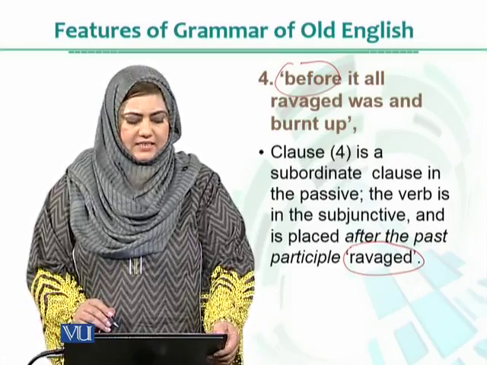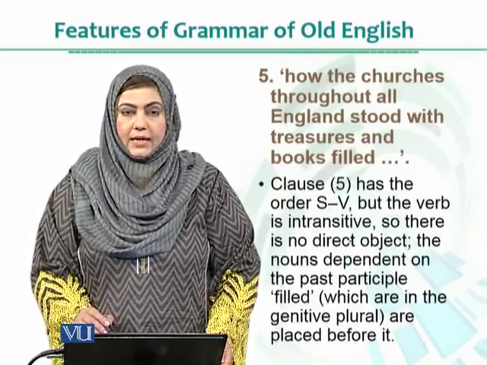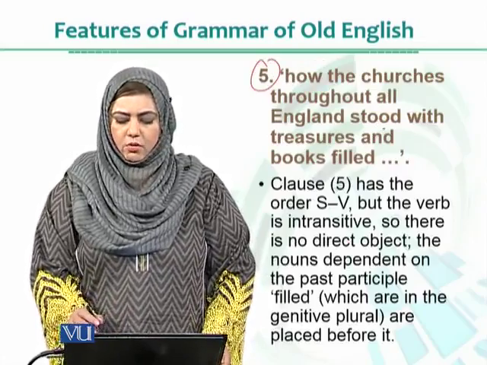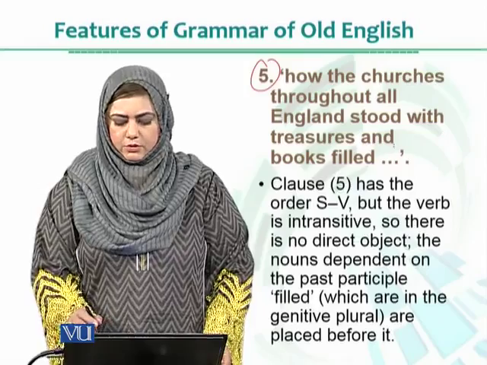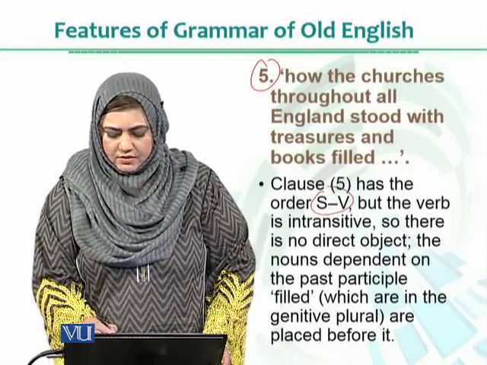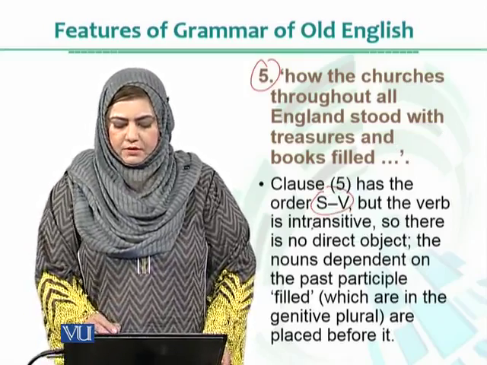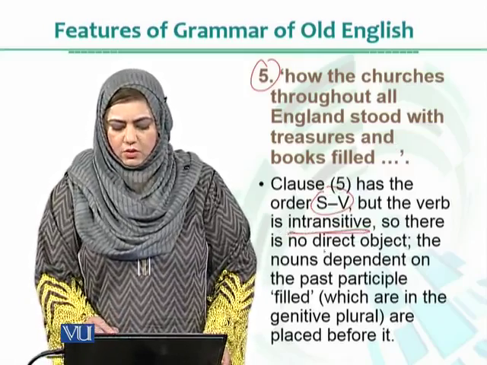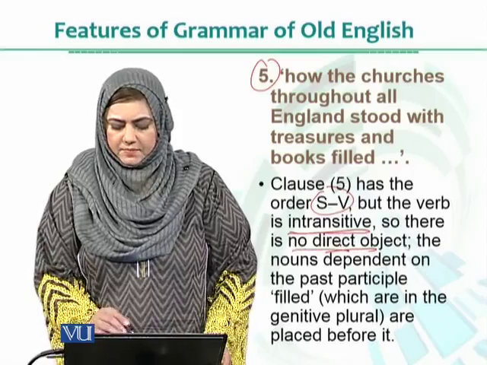So look at the variety that Old English offers. And finally, the fifth clause: how the churches throughout all England stood with treasures and books filled. This is a subject-verb order, but the verb is, notice, intransitive because there is no direct object.